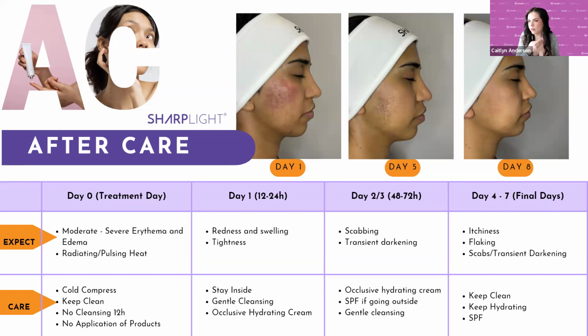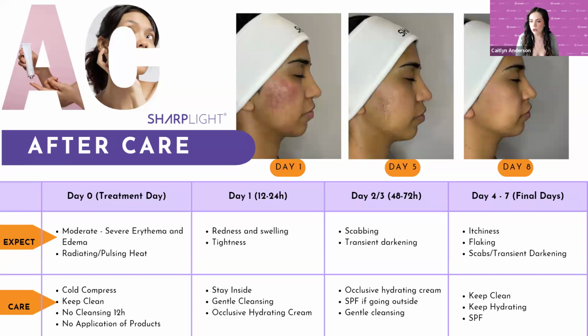And that's normal to see. So don't be alarmed, that's transient, it'll go away. You can still continue to use your hydrating barrier cream. You want to be using SPF if you're going outside to protect your skin, and continue with the gentle cleansing. Keep your active ingredients away until those scabs and the skin have shed properly.